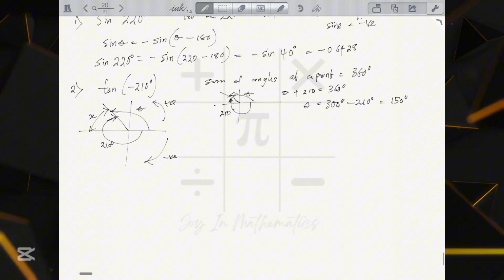So in essence, we are saying that tan negative 210 degrees is equivalent to tan 150 degrees, because we have converted the negative angle to a positive angle. That's interesting.